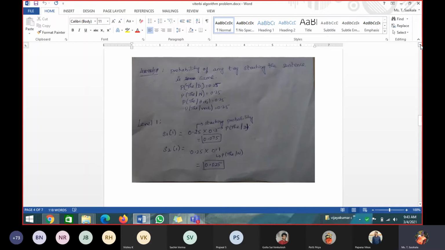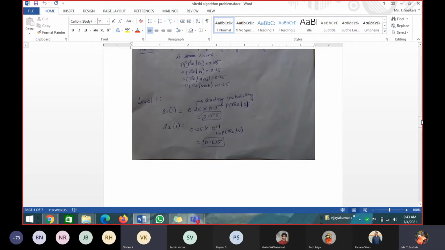Yes, ma'am, the tag is there, but the tag value is 0. Ma'am, but here we are getting 0.25. Isn't it a contradiction? No, that will not affect anything. All the tags will be equally given importance. Even if it is available or not, this tag has a probability of 0.25. Adjective is not available, that's all. Okay.